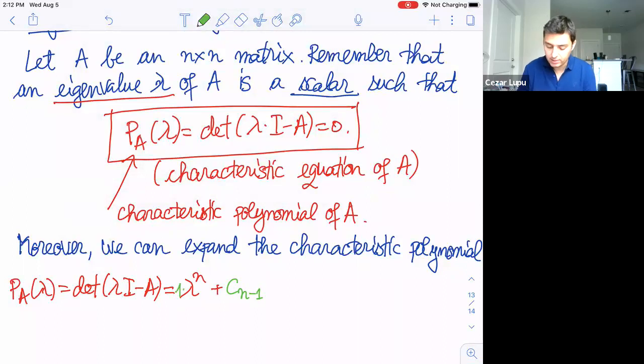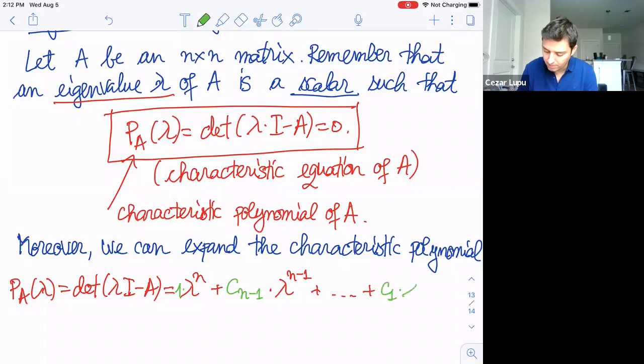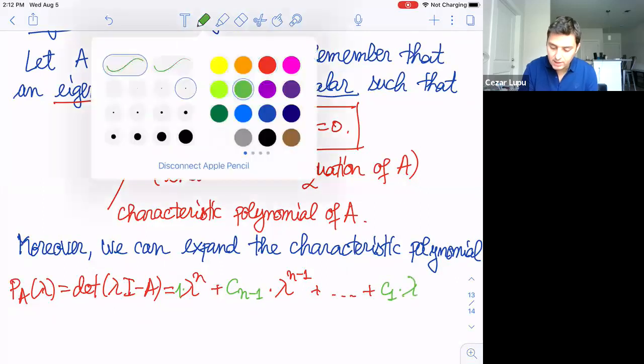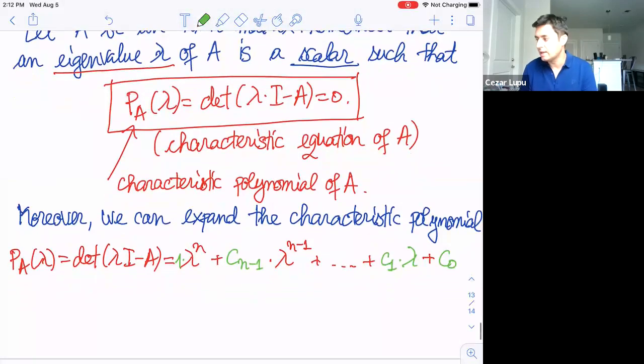It will always be like this. This is how we can expand the characteristic polynomial.